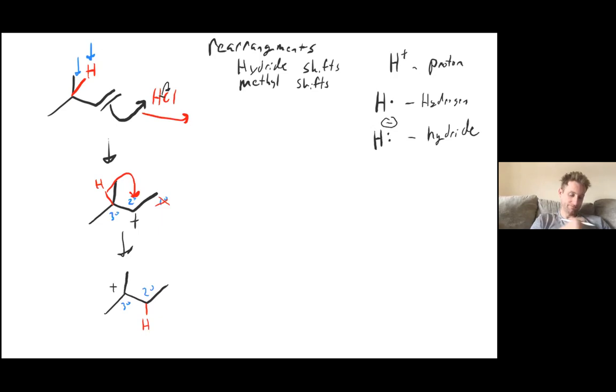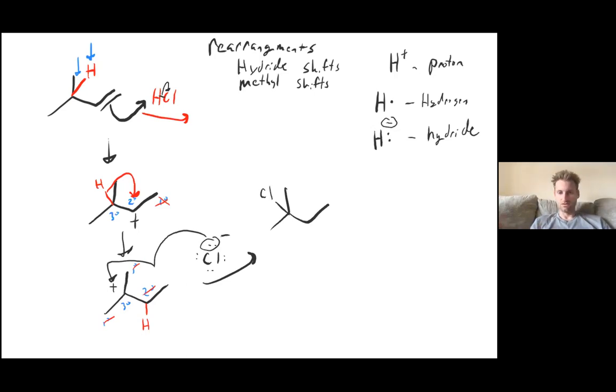If we look around, we're next to secondary, primary, primary. Our tertiary center is the most stable one. We don't need to do anything else. Cl can come in, do an attack here, and we will now chlorinate at this position instead.